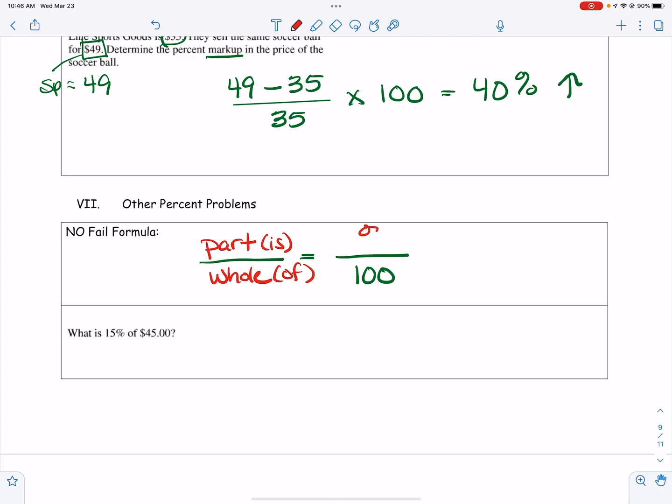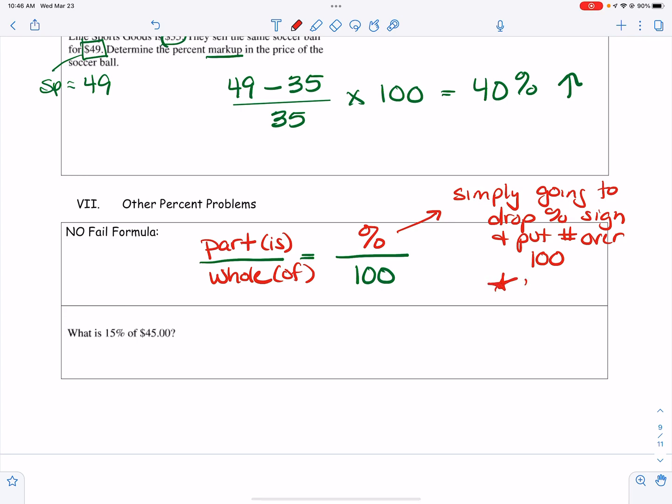Then I'm going to find the word percent or the percent sign, and I'm going to put that number over 100. So what you need to make sure that you understand here is you are simply going to drop the percent sign and put the number over 100.